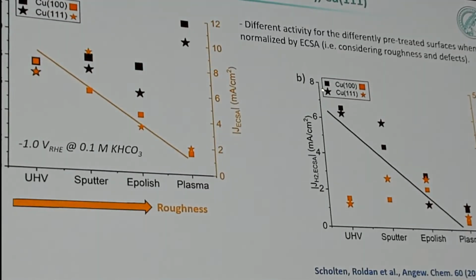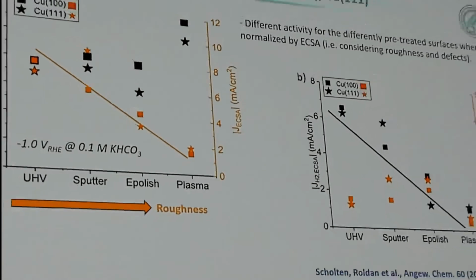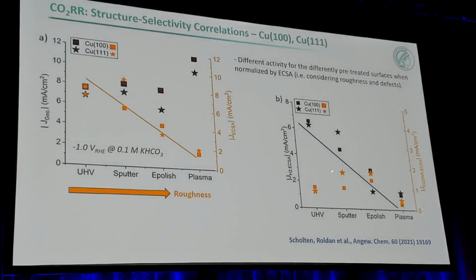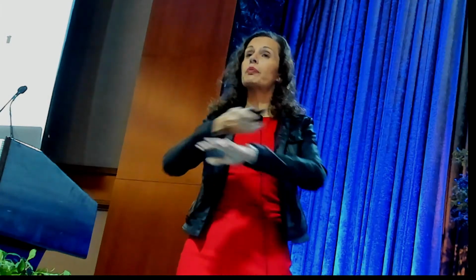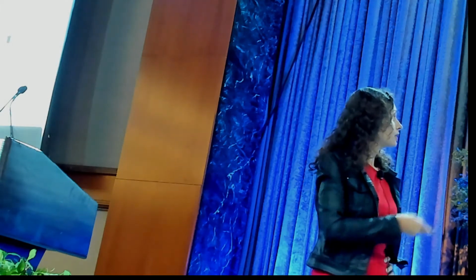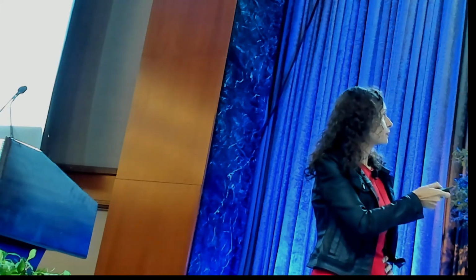And you can see that with increasing roughness, you are suppressing the hydrogen production, while the CO2 electron reduction products are not changing much. So from this type of studies, we learn that there are different active sites for making hydrogen, that happens on the flat surface, highly coordinated copper, than for making CO2 electron reduction products, that happens mainly on defects.